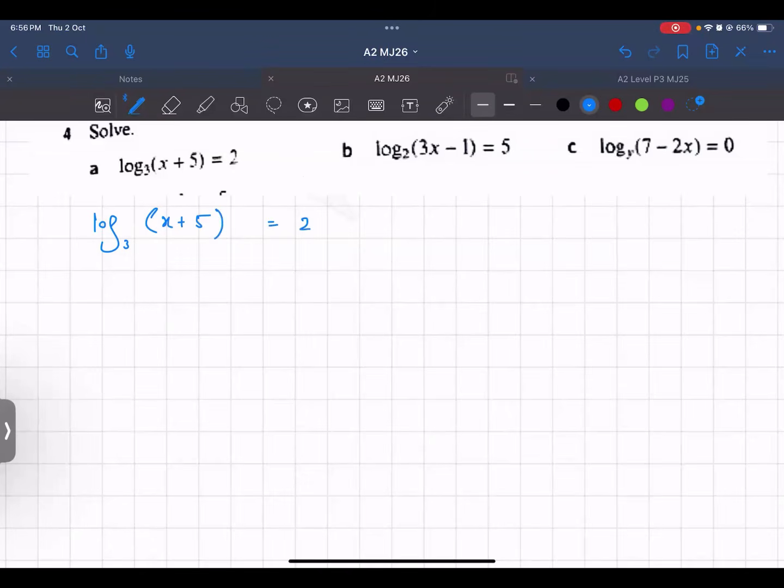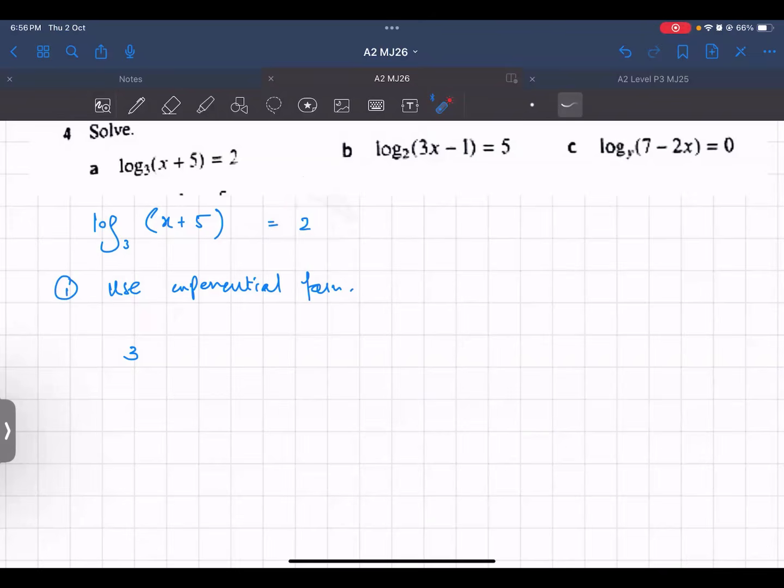Now there are two methods of solving this. One of them is to use exponential form, convert it into exponential form. I told you the base of the log and the base of the exponential form are the same. So the base is 3. Then whatever is the power of the exponential form comes outside the log, equal to the log.